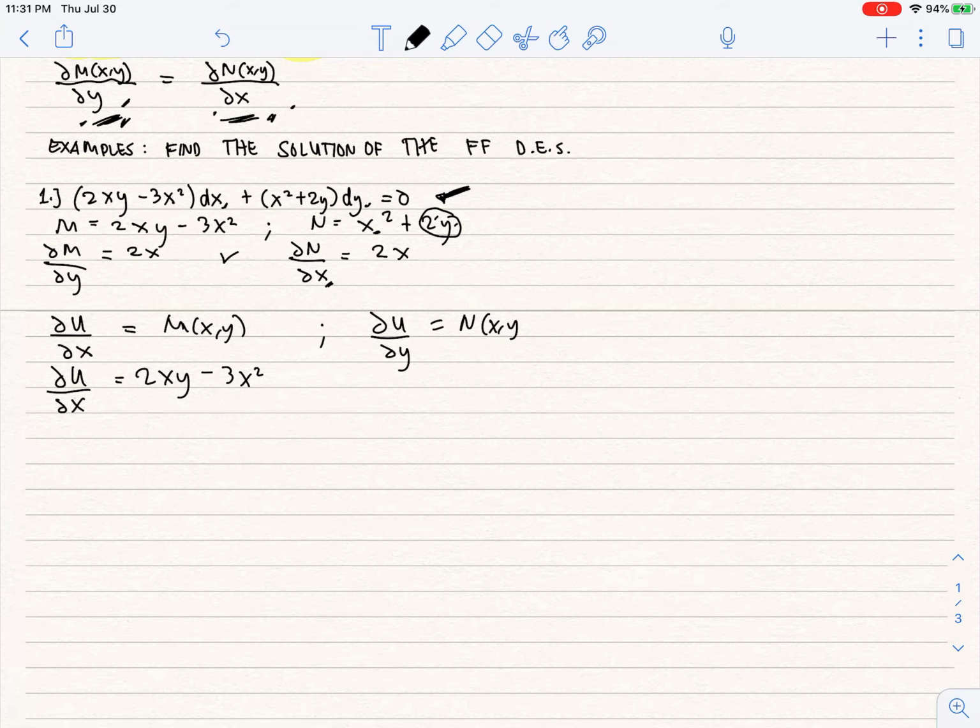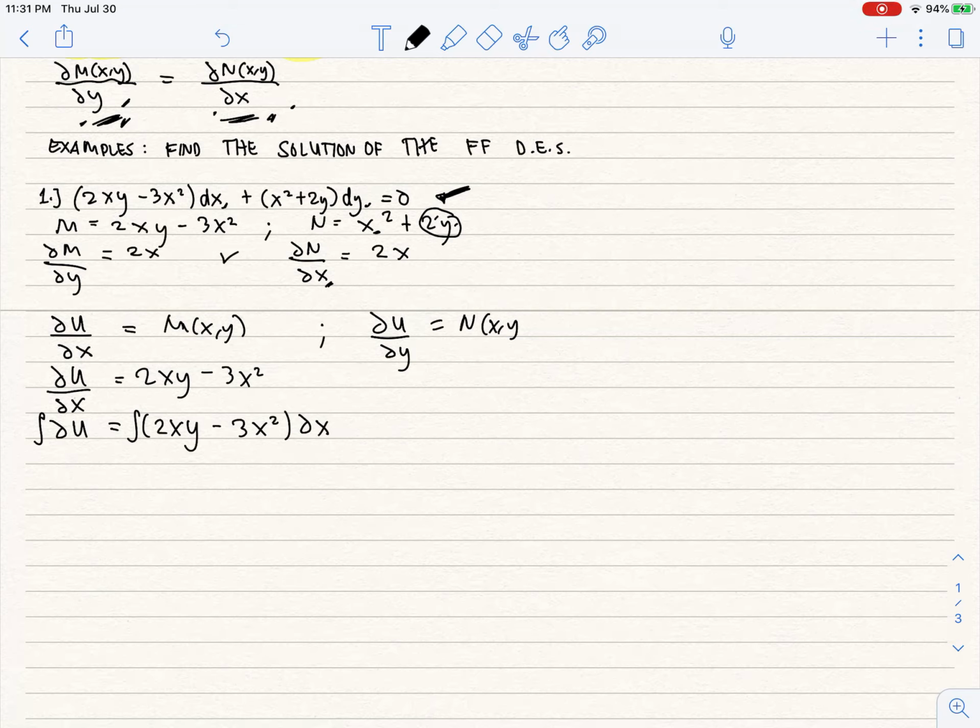So this is now the partial derivative of u equals 2xy minus 3x squared, with respect to x. So we integrate with respect to x, whichever variable is here is the basis variable.